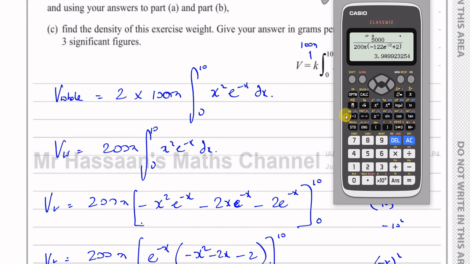Let's just save this answer under A. Now, if I take 5,000 and divide it by 200 pi times the integral of what we've got here, which is x squared times e to the power of negative x within the limits of 0 and 10.